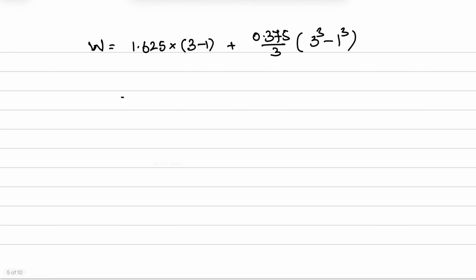That is equal to, work is equal to 1.625 into 2 plus 0.375 divided by 3 into 9 minus 1 is 8.